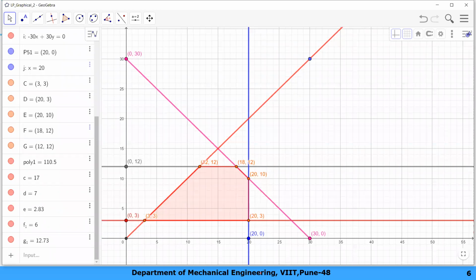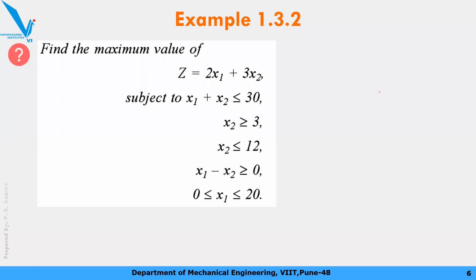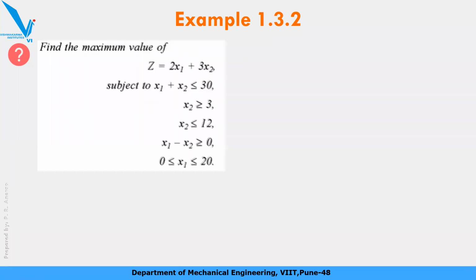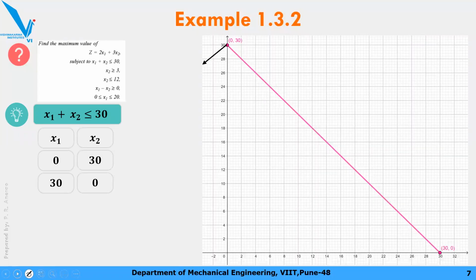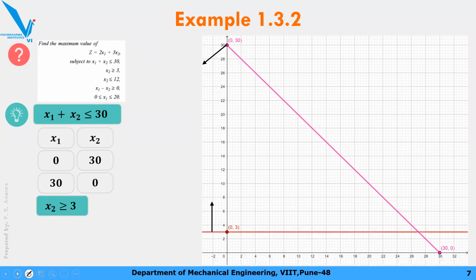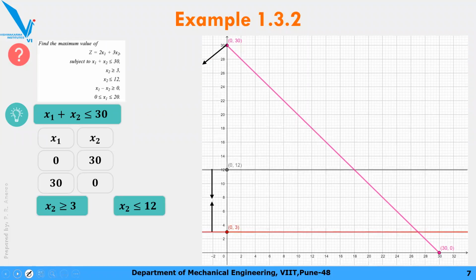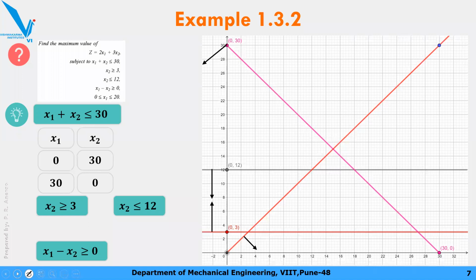Okay, so coming back to the presentation part. Step number 1, we will plot the first constraint. Again I am repeating. We plotted the second constraint. The third constraint is plotted. Constraint number 4, that was a little tricky: x1 minus x2 greater than or equal to 0.